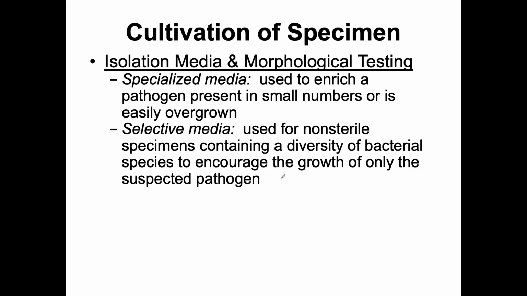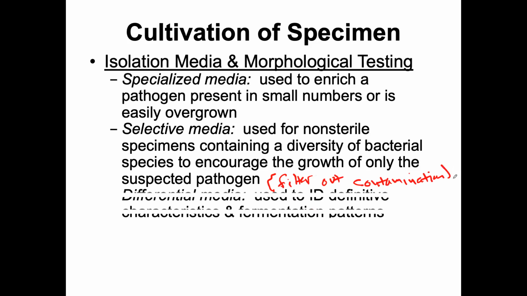Okay, so this is a way to filter out contamination by selection. Okay. In differential media, what happens is that different types of bacteria look different on the same media. All right, they might have different colors, they might have different appearance, okay, but they'll all grow.